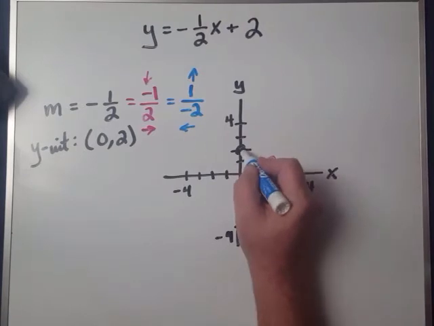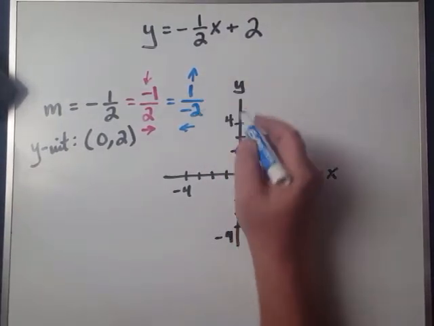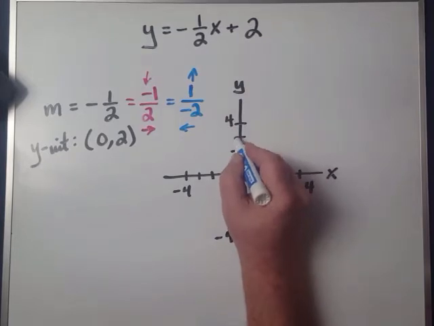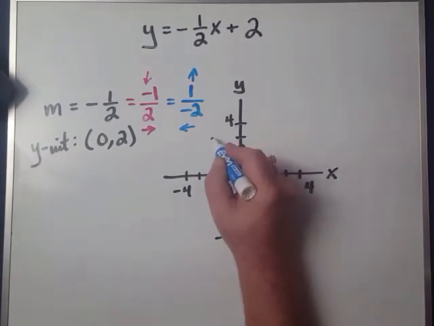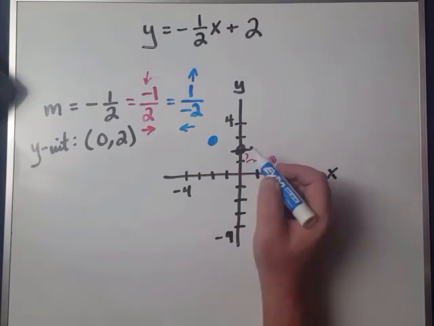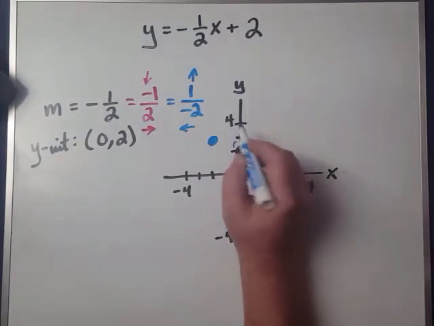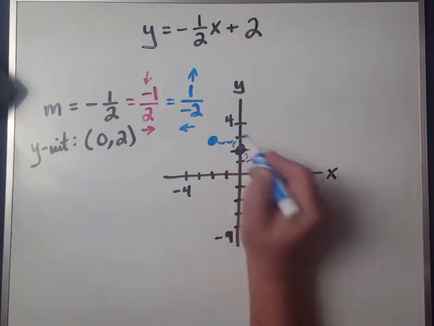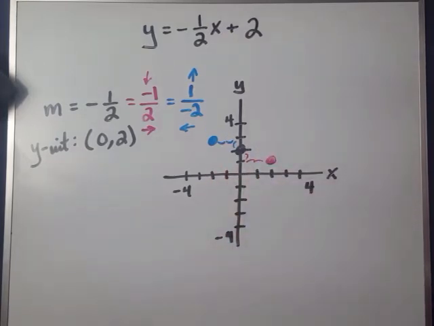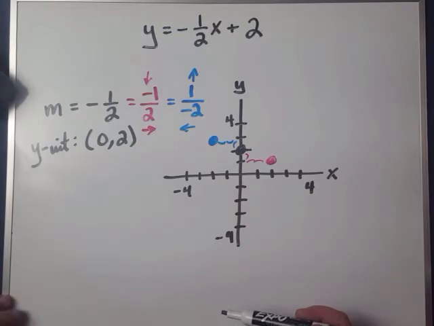So if we start at our given point, our y-intercept again, and this time go up 1, back 2, that puts me here at the point that looks like (-2, 3). I went up 1, back 2. And guess what? Lay your ruler down.